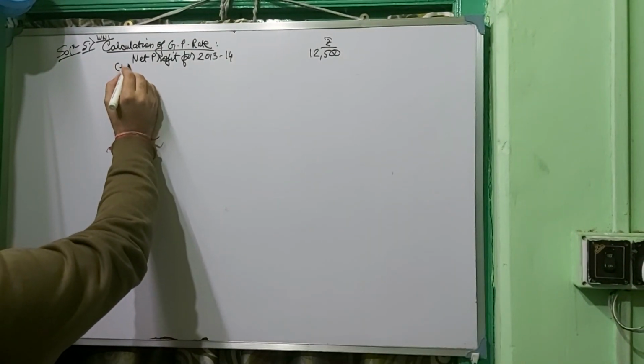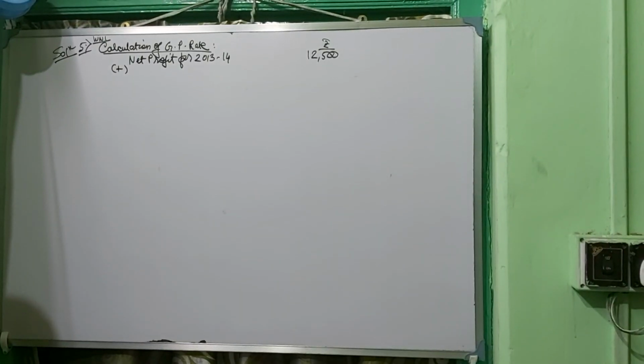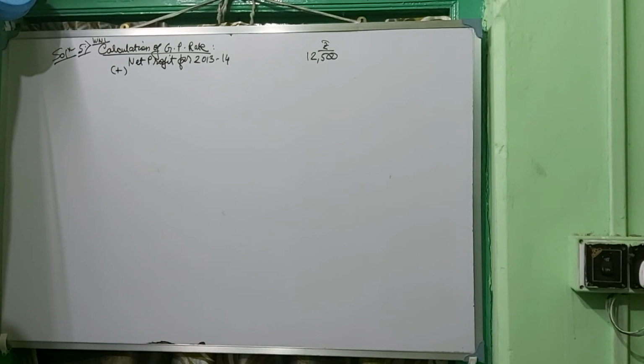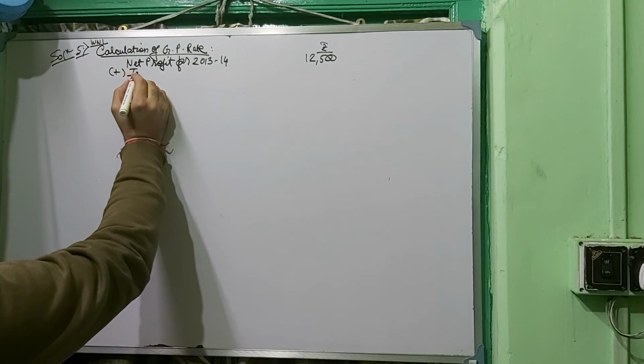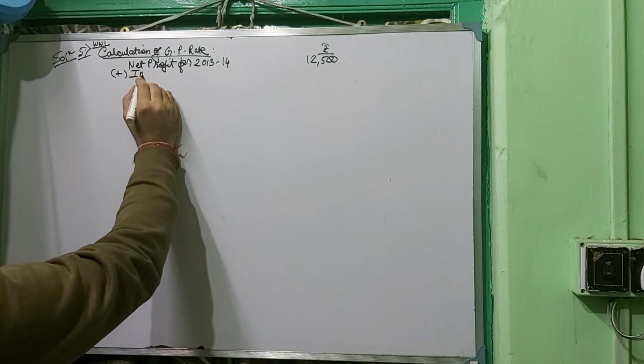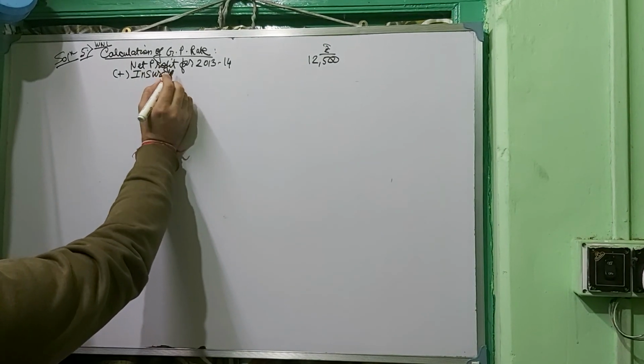As standing charges have been given, I am assuming that they are the insured standing charges of the total period. I am assuming it is insured. Only the standing charges are given.